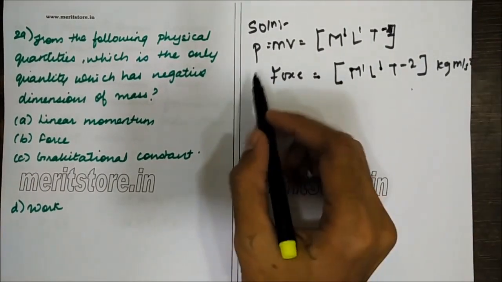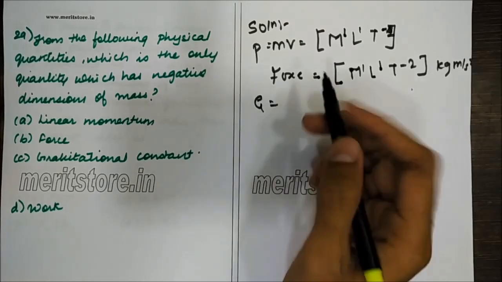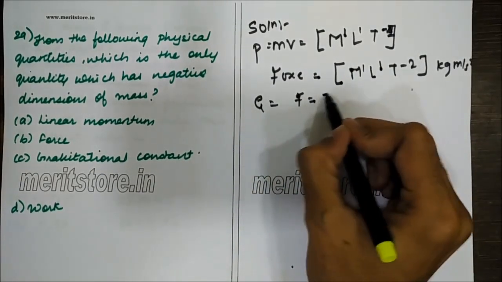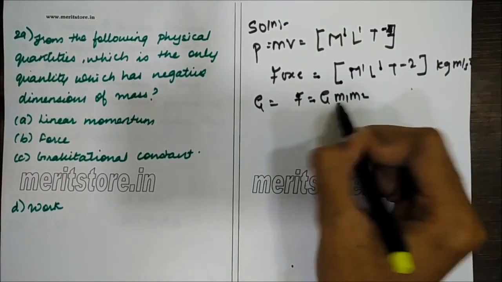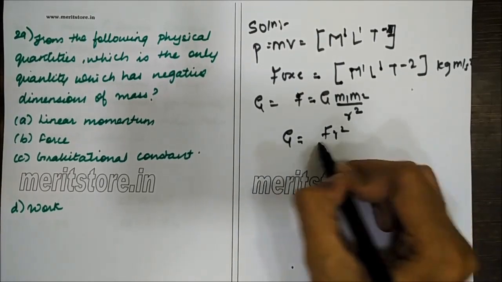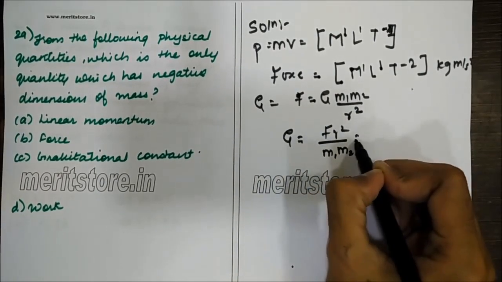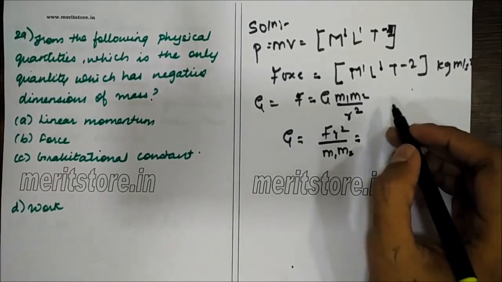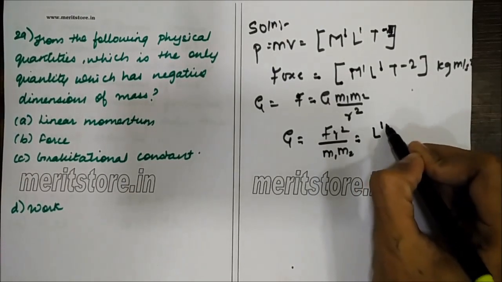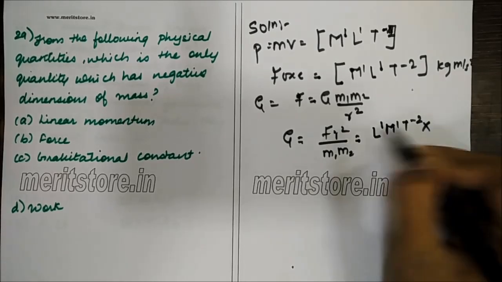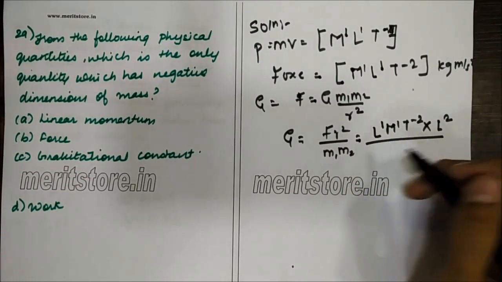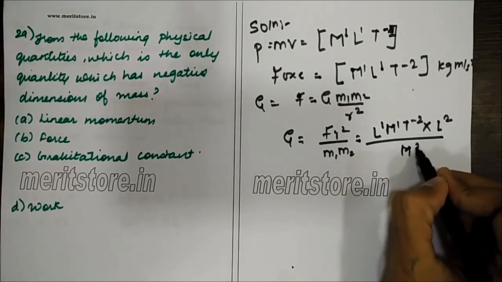Okay, next is the gravitational constant G, whose formula is, we have the formula for force, that is equal to G m1 m2 upon r square. So for G we can have F r square upon m1 m2, for which if we calculate the dimensions, for the force we have m1 l1 t raised to minus 2 multiplied by radius square, that is length square, upon the two masses, that is m becomes 2.